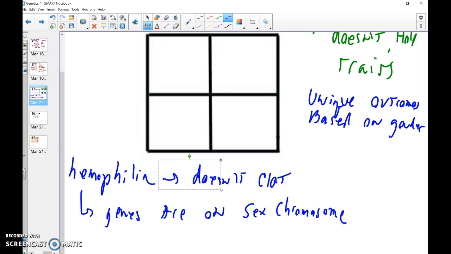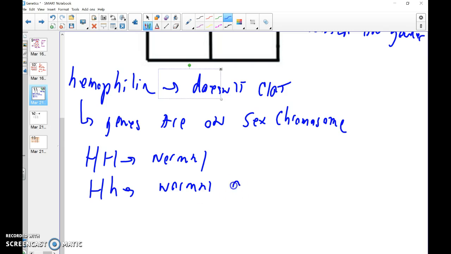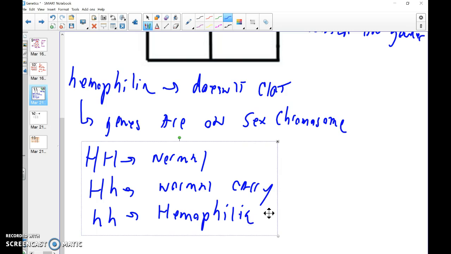So hemophilia is a simple dominance situation where if you are big H, you have normal blood. If you are big H and little h, you have normal blood, but you carry the trait. And if you are little h, you have hemophilia, and you don't really make scabs right. Okay. Now, what makes this unique is that the H is on the X chromosome.